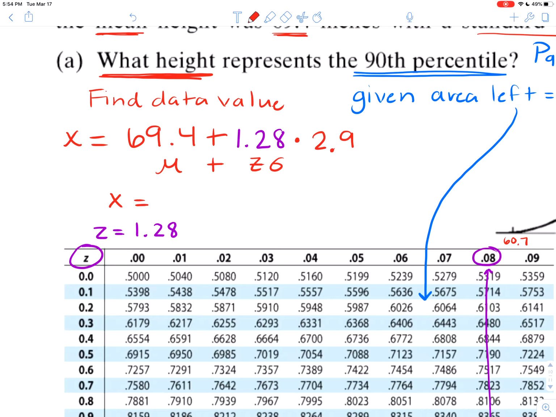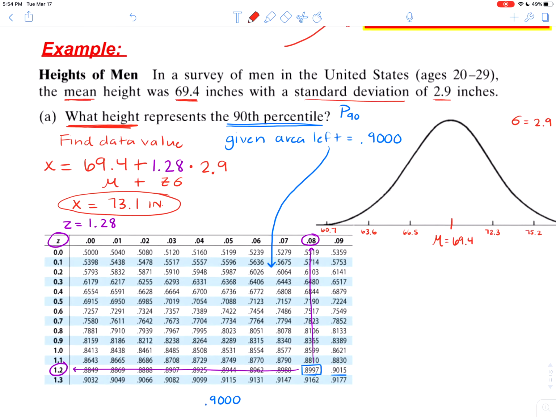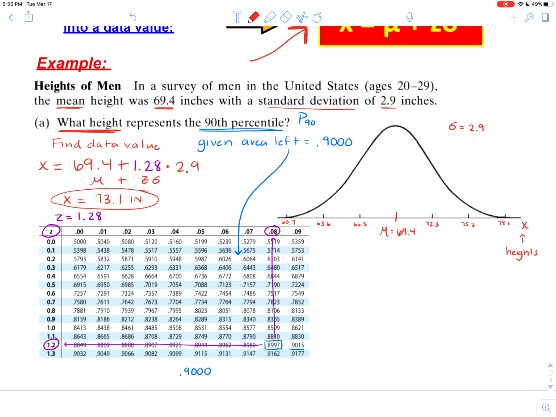which in this case is going to be a height of 73.1 inches. And that is going to answer my question because that gives me a height corresponding to an area of 90%. And again, if I want to sketch this out, I can.